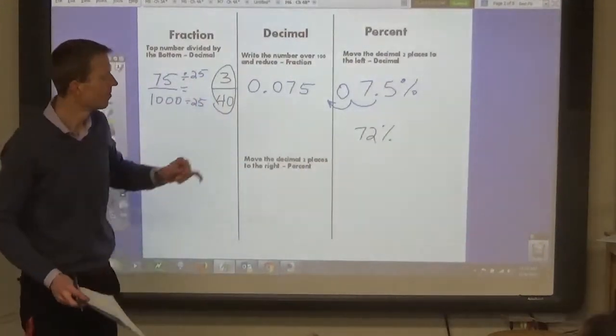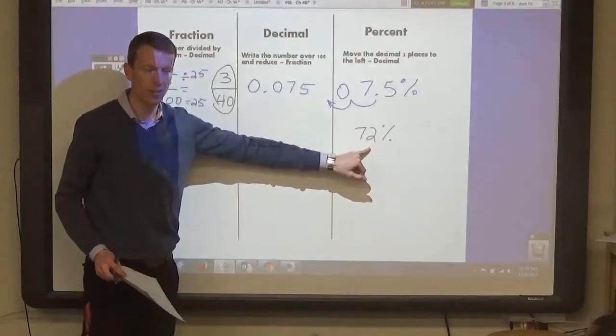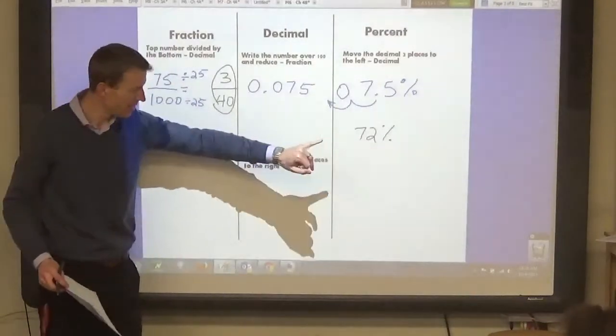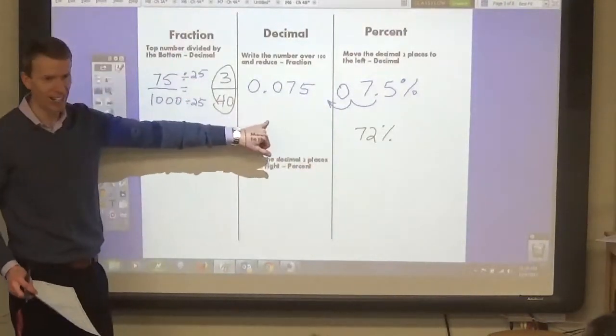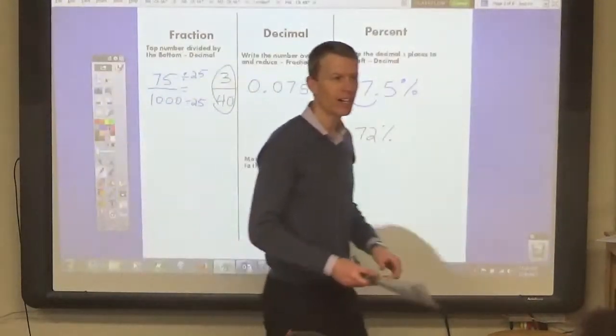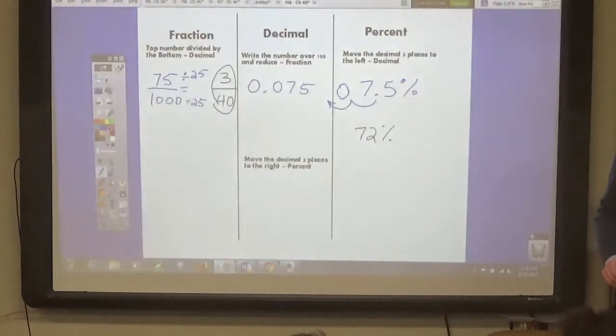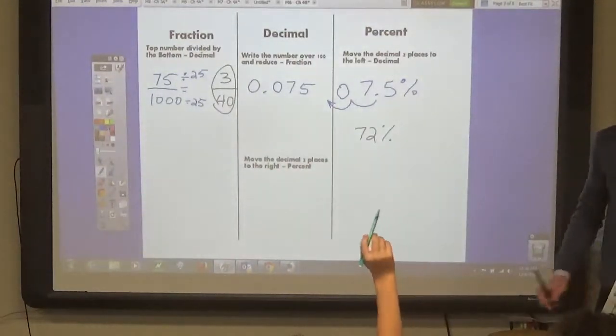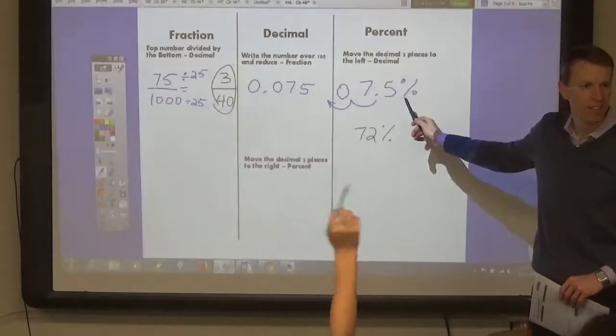What would you do with the decimal point so that we can write it as a decimal? What do you do to write it as a decimal? Follow the same pattern as the one above.